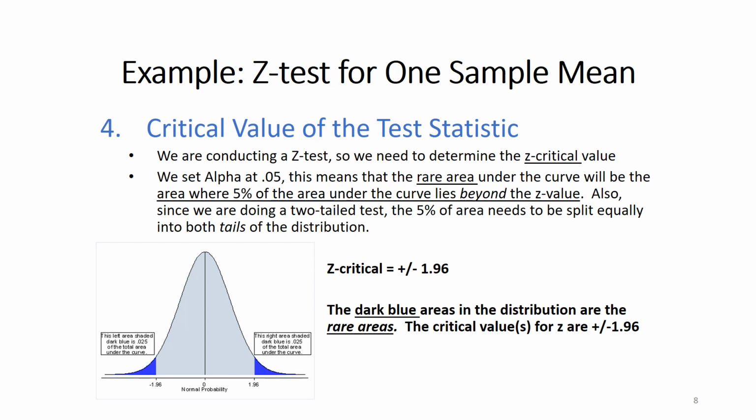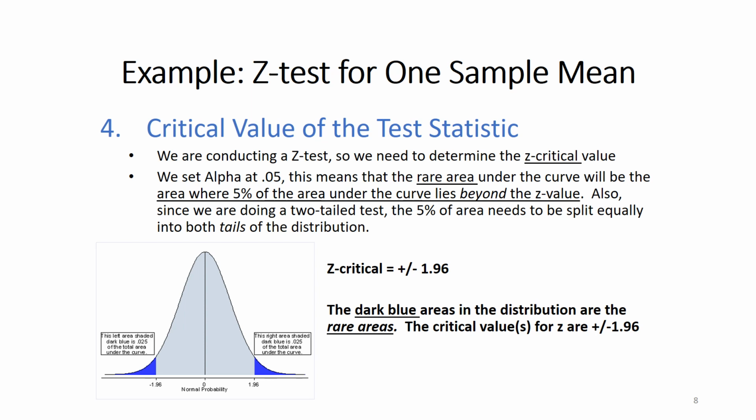Step 4. Now we need to determine the critical value. Since we are working with a z-test for one sample mean, we are working with the z-distribution. You may recall from before, the critical value is the value of the statistic that draws a line between common and rare outcomes.